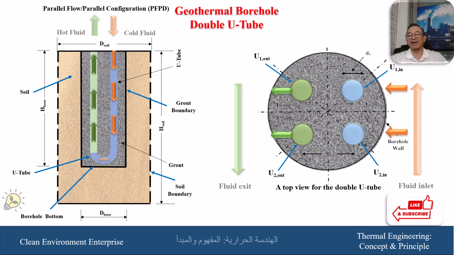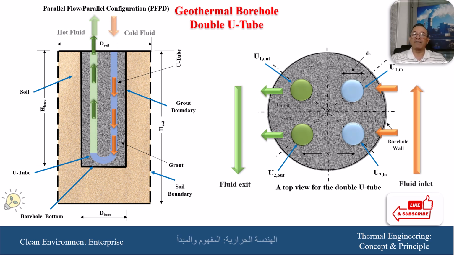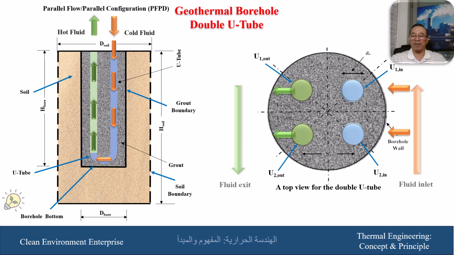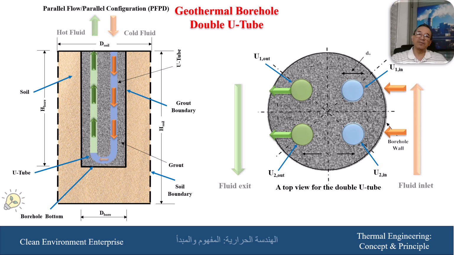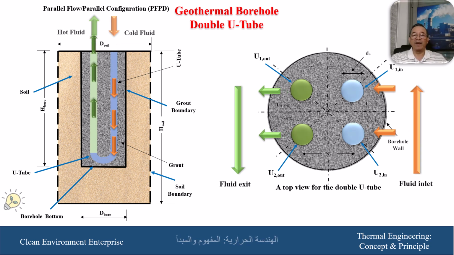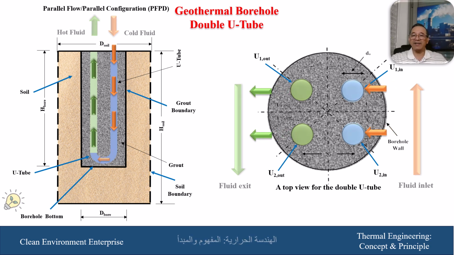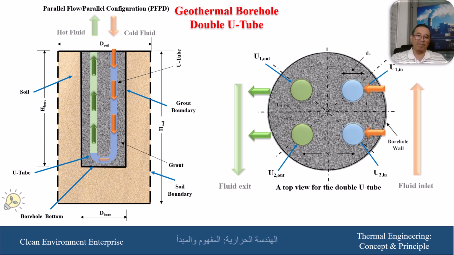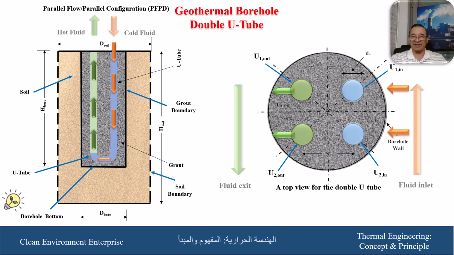When you look at it from the top, we have two U-tubes, one side for the inlet and the other for the exit part, and these tubes are installed in parallel in the well, and at the same time they receive fluid in a parallel arrangement, and then the exit is collected in one header and leaves the heat exchanger.